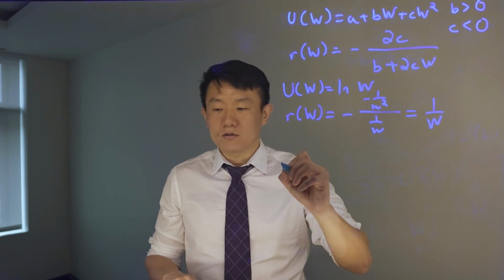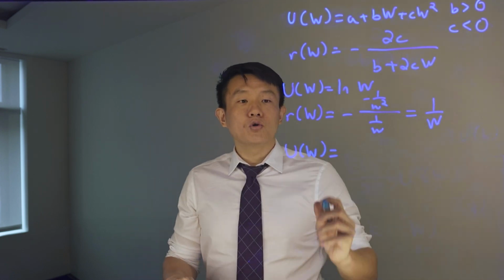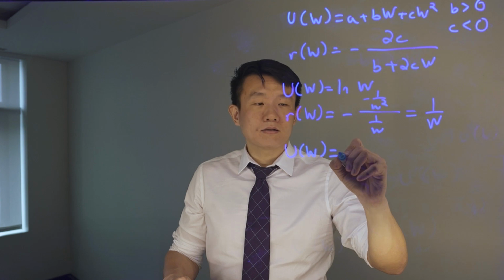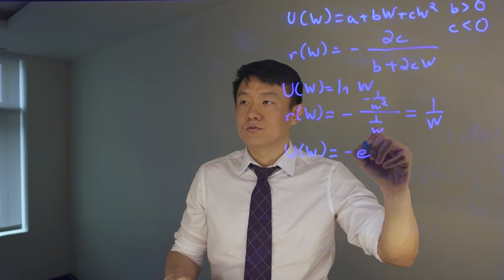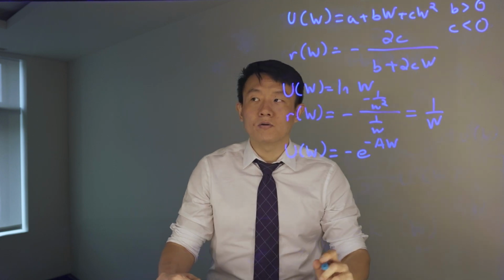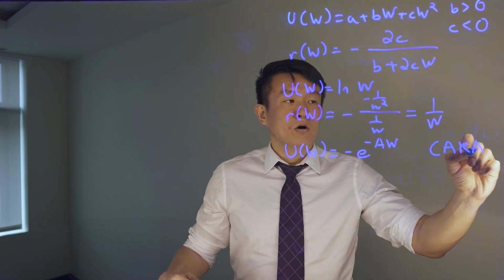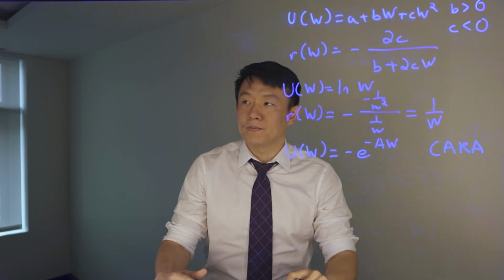Finally, we have a special case where, let's say, U of W is minus e to the minus AW. So this is known as the constant absolute risk aversion, or CARA utility.